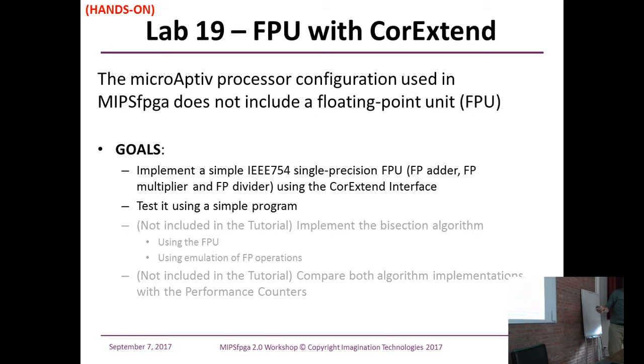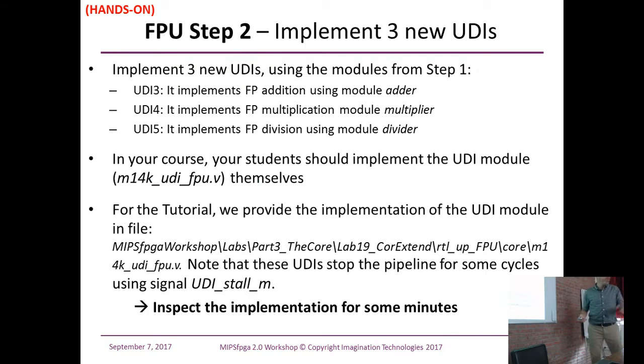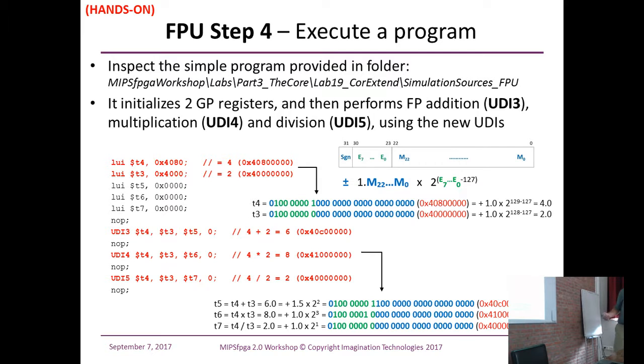And we are already providing the soft core with the 3 new instructions that you will use in the simple program computing the floating point operations. You're going to do this hands-on on your own. You have the instructions in lab 19, but let me remind you.